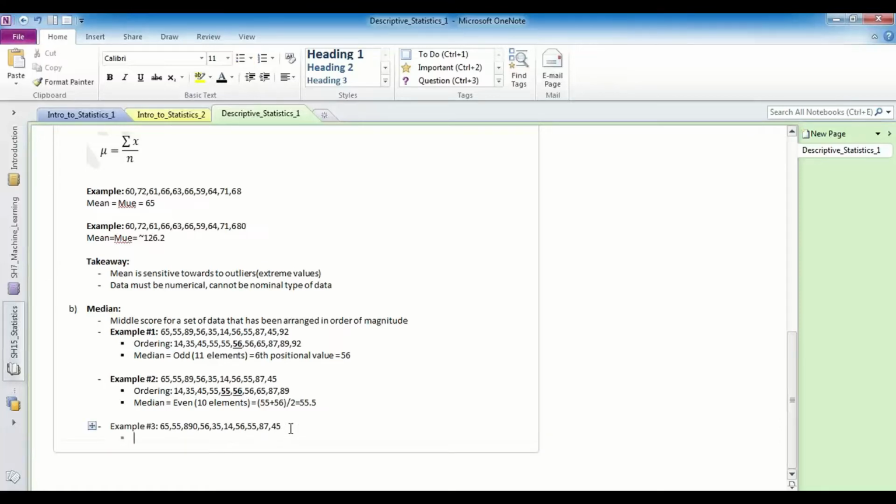So if it is an odd number, the median doesn't change. You get to know, right? I just copied the same data as part of example 2, and I just updated one of the values to be 890. Now what are your thoughts on the median value? What is your inference?